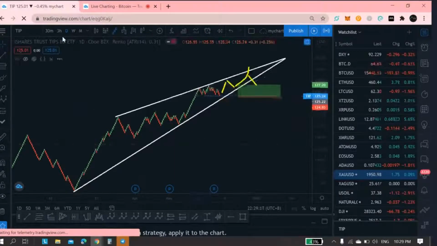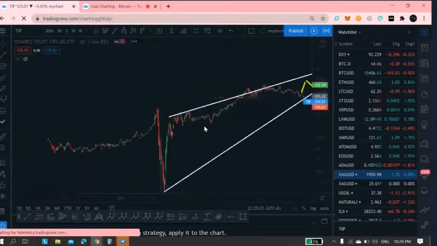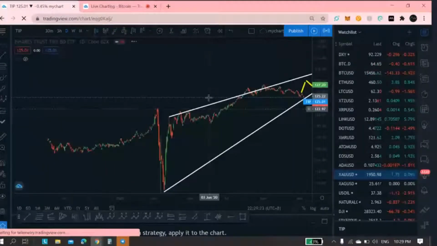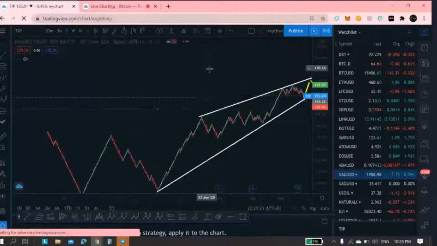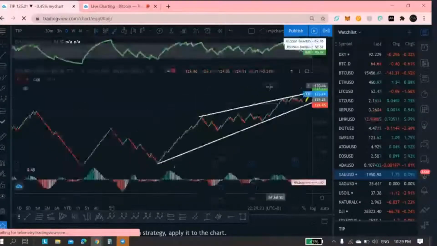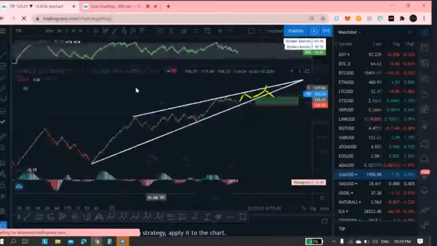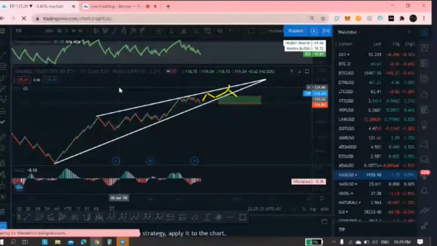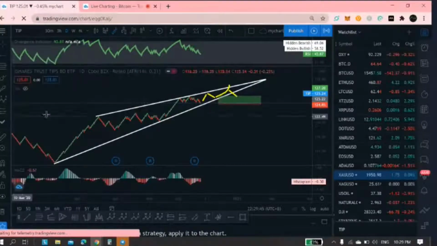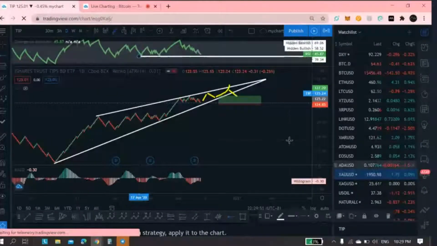Anyway, let's try to look at the candlestick. Oh, I forgot to check on the other indicators. Let me just check on it. Oh, possibly bullish, and this one might possibly find a good support at this area, which is already close.